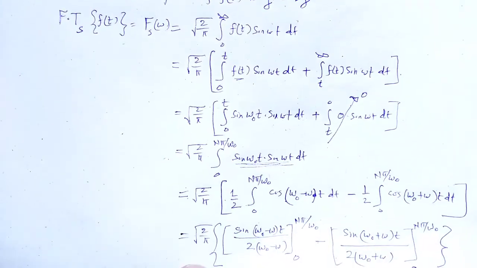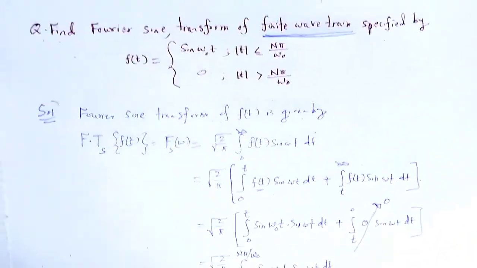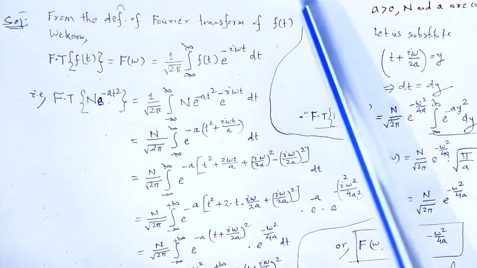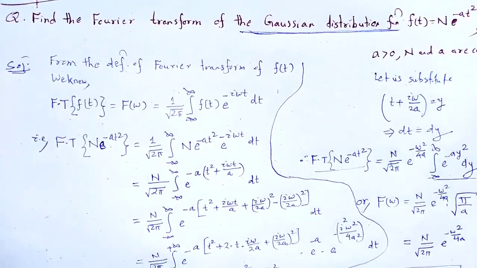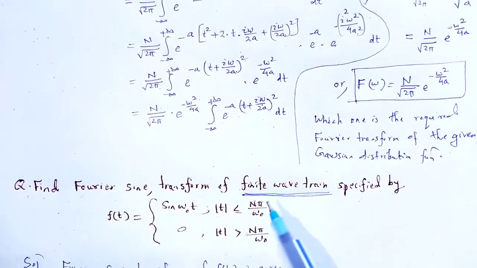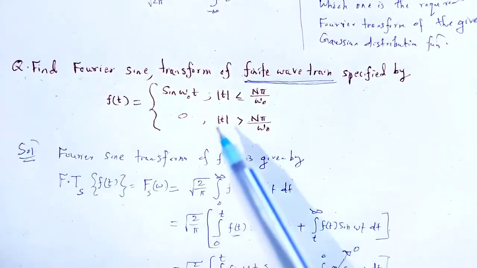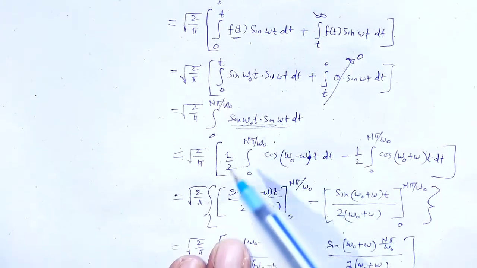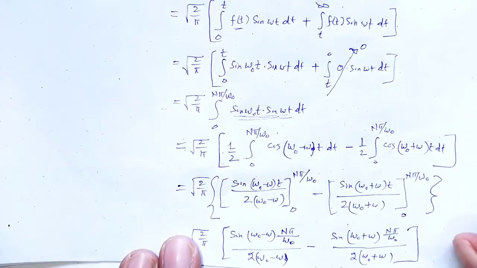In this way, there are two examples related to Fourier transformation: the Gaussian distribution function, its Fourier transformation, and the finite wave train specified function, its sine Fourier transformation.